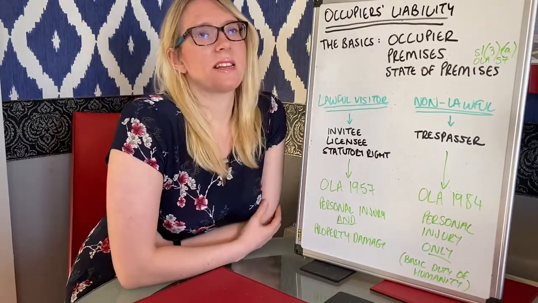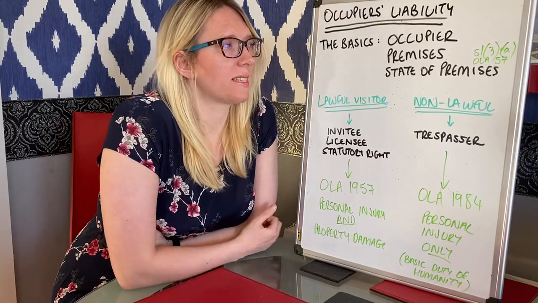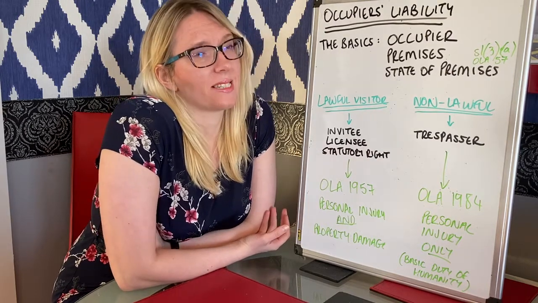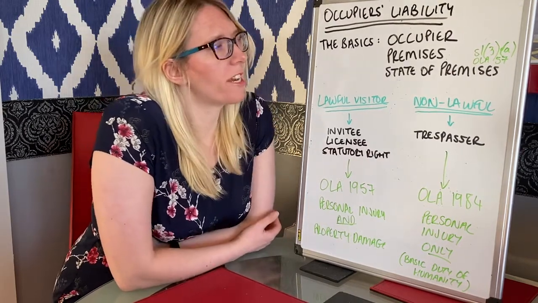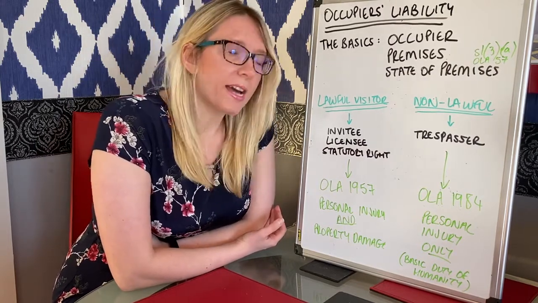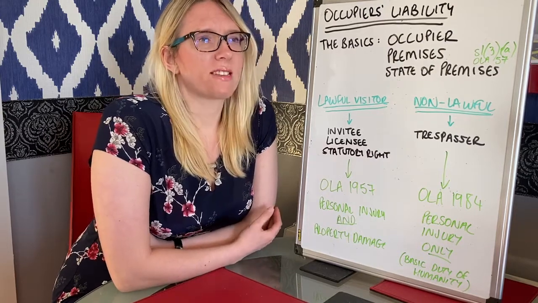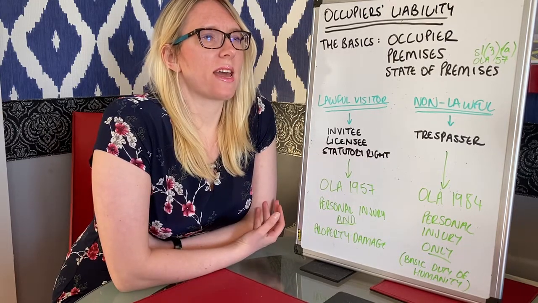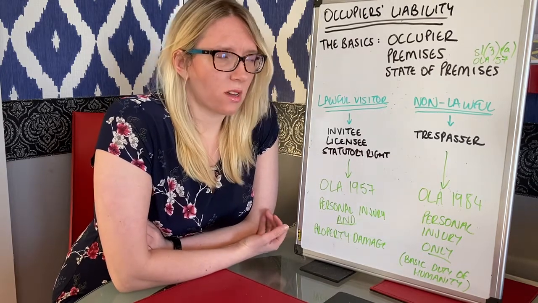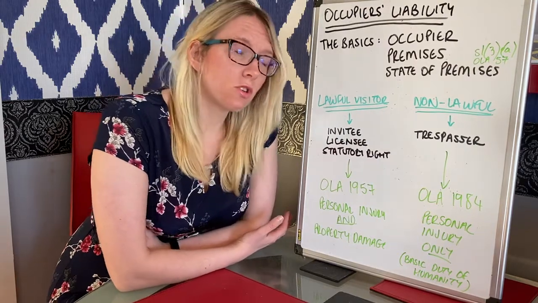We've seen this in Wheat versus Lakin. It was decided in the case of Collier versus Anglia Water Authority, decided in Harris versus Birkenhead Corporation. There can be more than one occupier, and essentially an occupier is someone with sufficient control over premises. So for example, if you think of a tenant in a property, the landlord is the occupier because they have control over the property, and so is the tenant because they have control over the property.